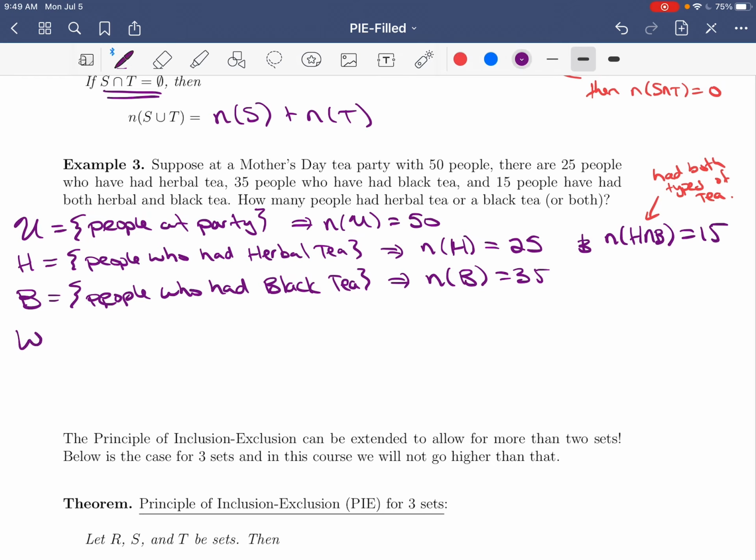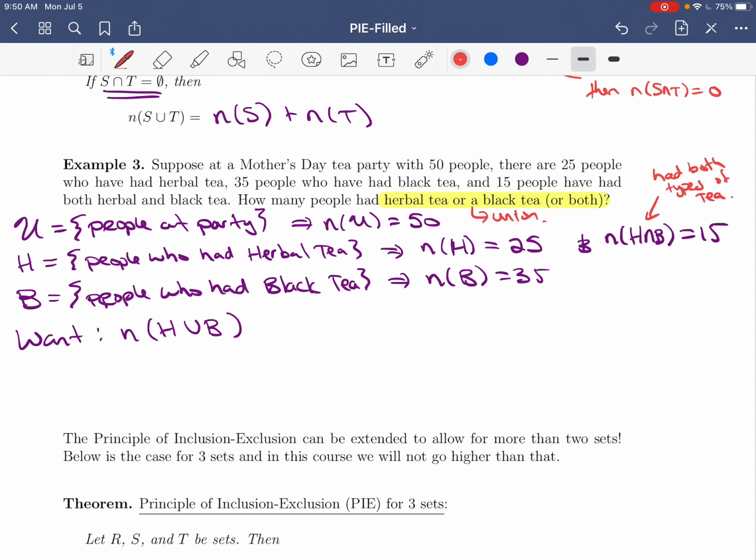Now what we actually want is to know how many people had herbal tea or black tea or both. So that's the union. Herbal tea or black tea or both represents the union of the two.